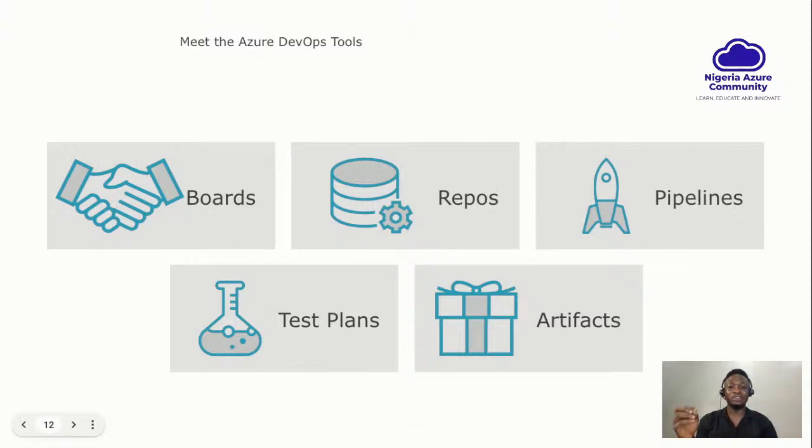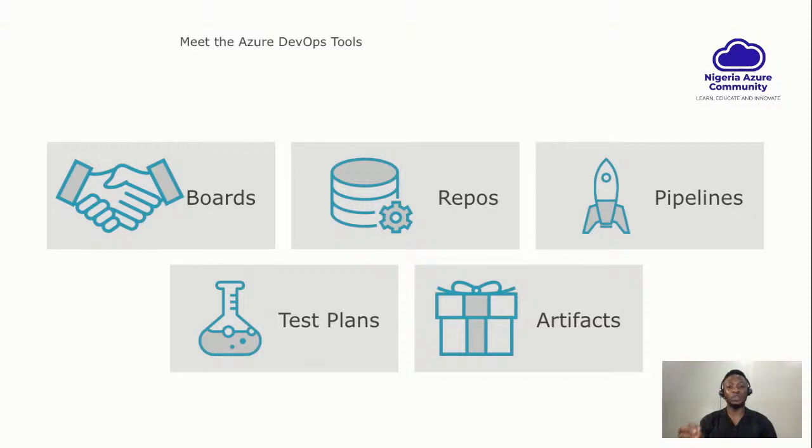The platform has features that make our life so much easier. It's a very awesome platform and makes life easy for every DevOps engineer. So with Azure DevOps, we have Azure Boards, Azure Repos, Azure Pipelines, Azure Test Plans, and Azure Artifacts. These are what Azure DevOps offers.